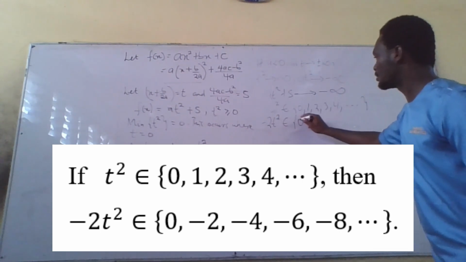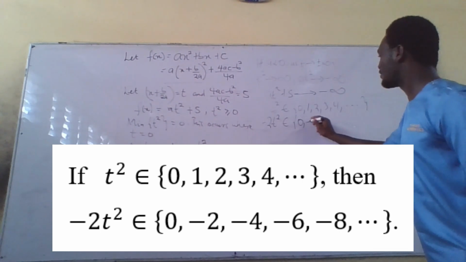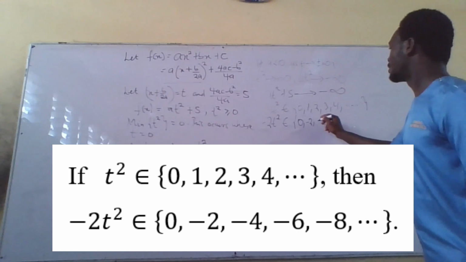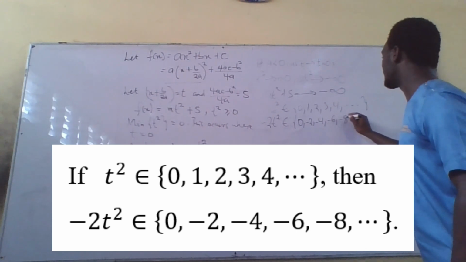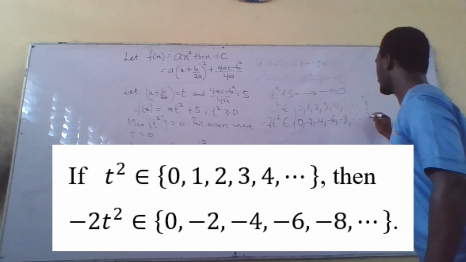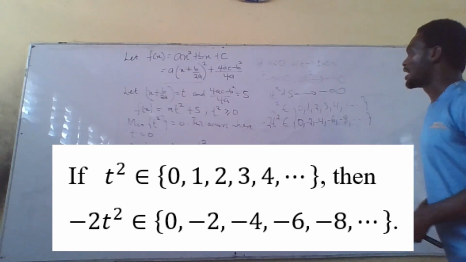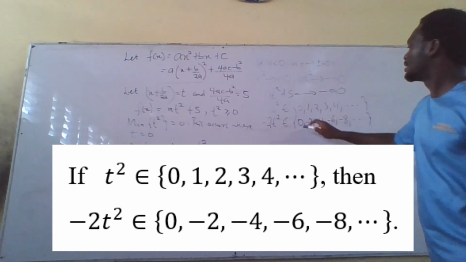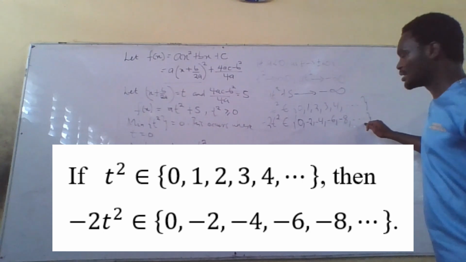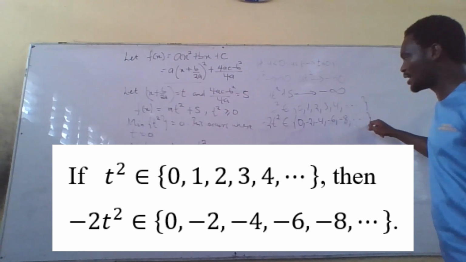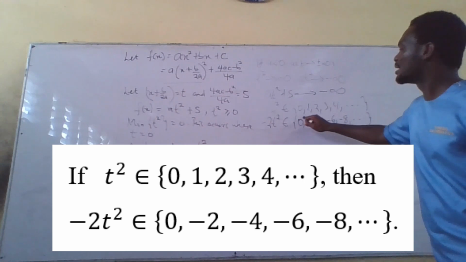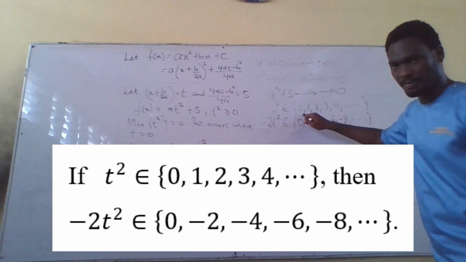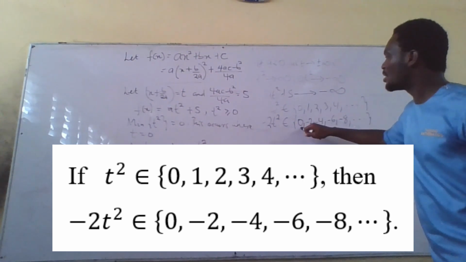Here you have 0, then here you have -2, -4, -6, -8, and so on. So you see, after this point, the results you are having are smaller than this one. And so this becomes the maximum.